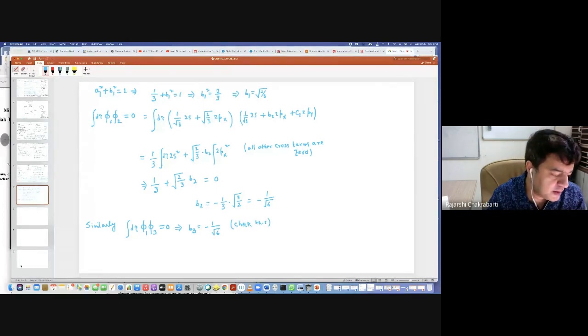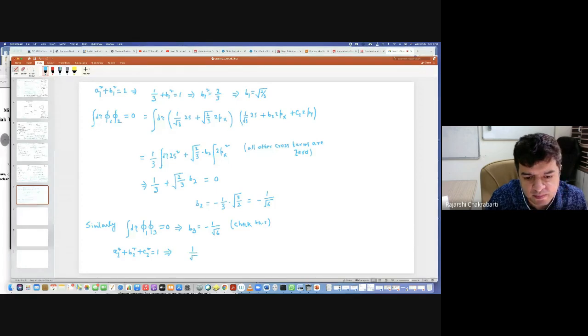Now you know that we had a1 square plus b1 square equal to 1. Then also you had a2 square plus b2 square plus c2 square equal to 1. We had this condition, because I want to calculate c2 square. What is a2? What is b2? And c2 I have to find.